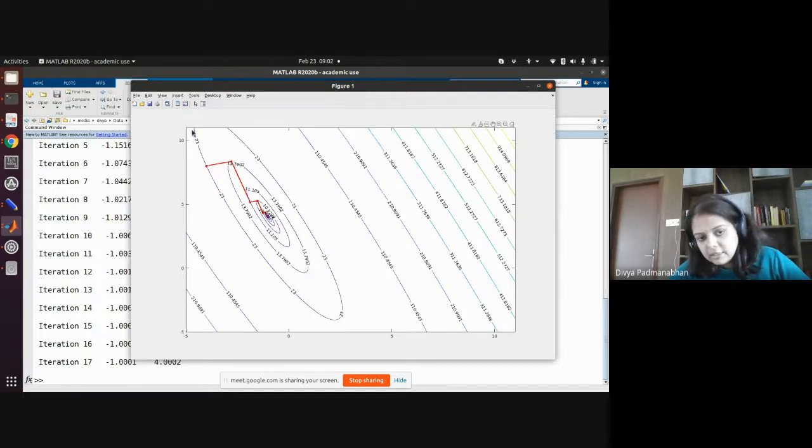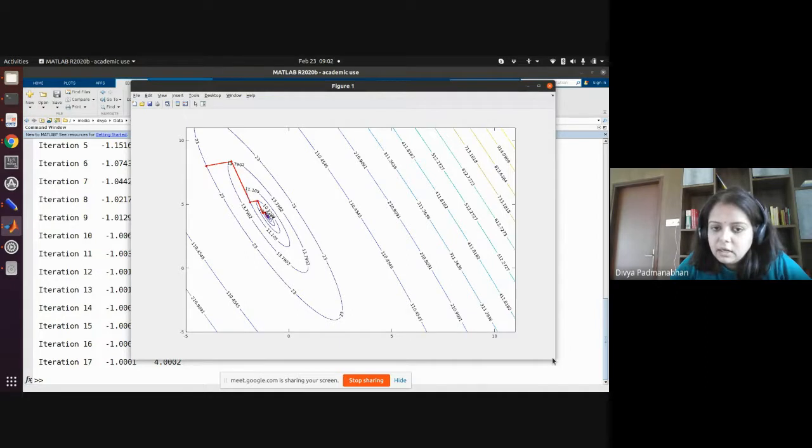Initially the objective value was 23, and then it dropped to around 13.7. Now the next step, it went a little further, and the objective reduced. It became 11, and so on. This went on for about 17 iterations. So this is the trajectory of steepest descent.